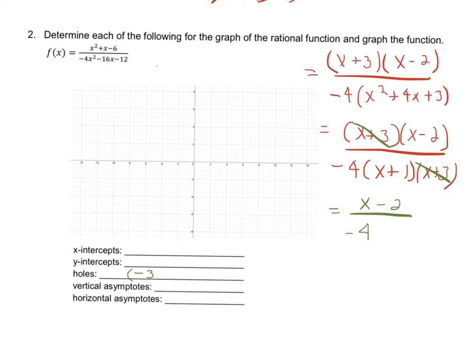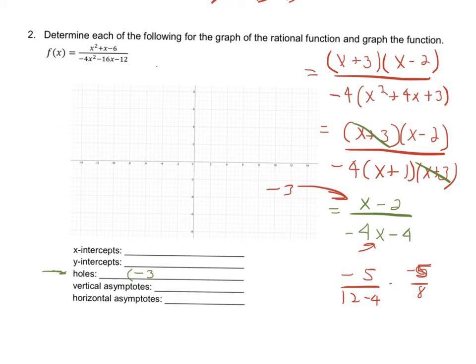And I'm going to distribute that 4 on the bottom. Now notice in the holes here, I put down the x value, but I haven't found the y value. To find the y value, just plug that negative 3 into this equation. You get negative 5 over negative 3 times negative 4 is 12, minus 4, negative 5/8.